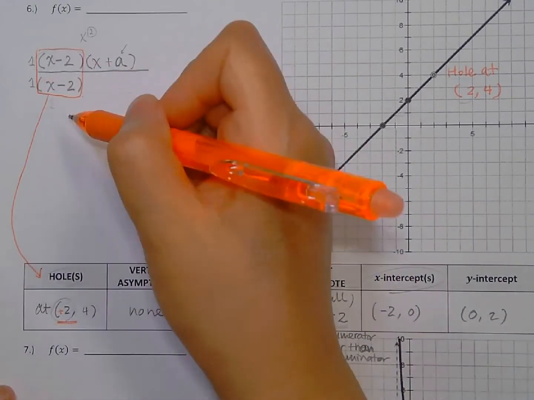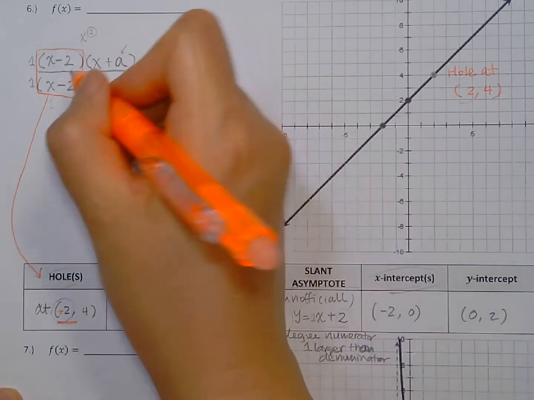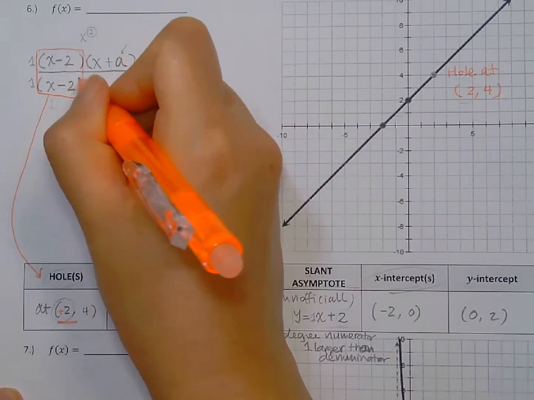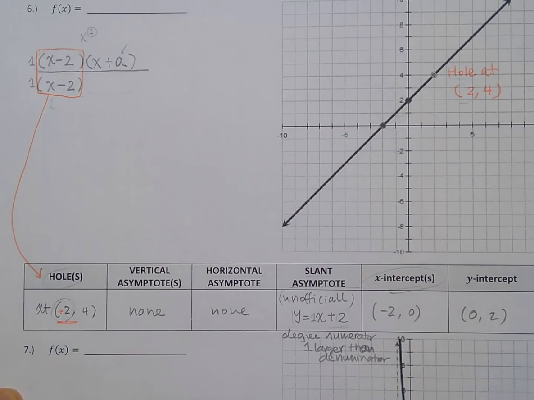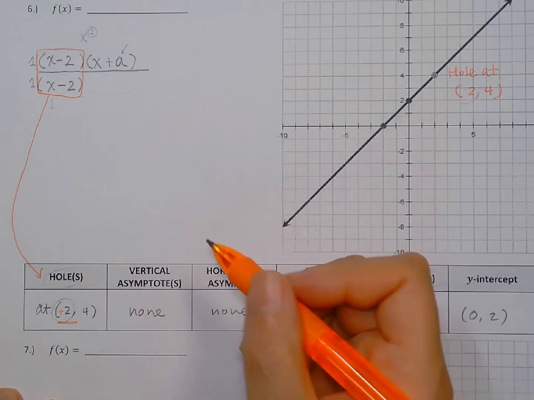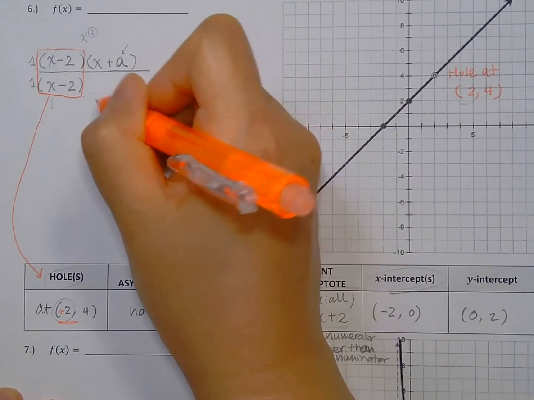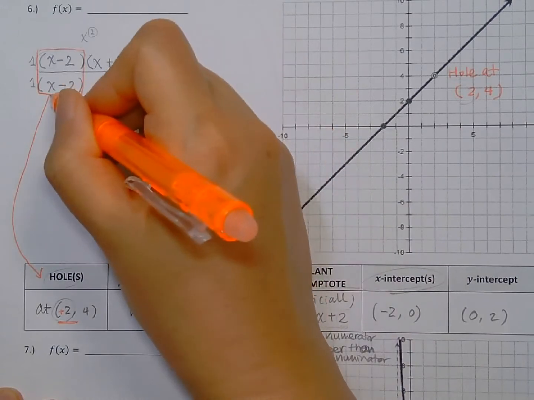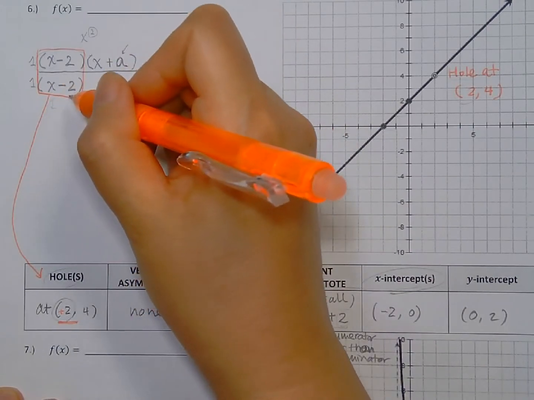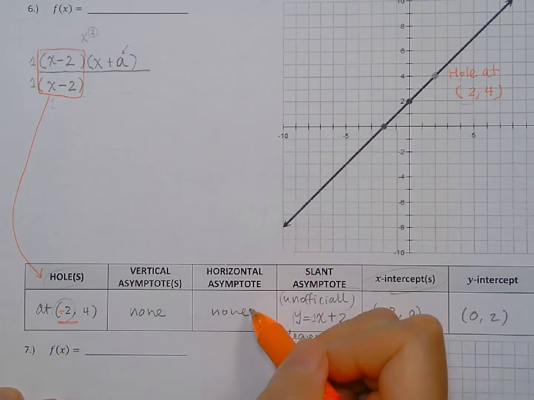Then the factor that we were canceling before was supposed to be x minus 2 inside the parentheses, so we started building this one there. Then no vertical asymptote, so I don't have to have an additional factor there. So this x minus 2 on the denominator is the only factor.